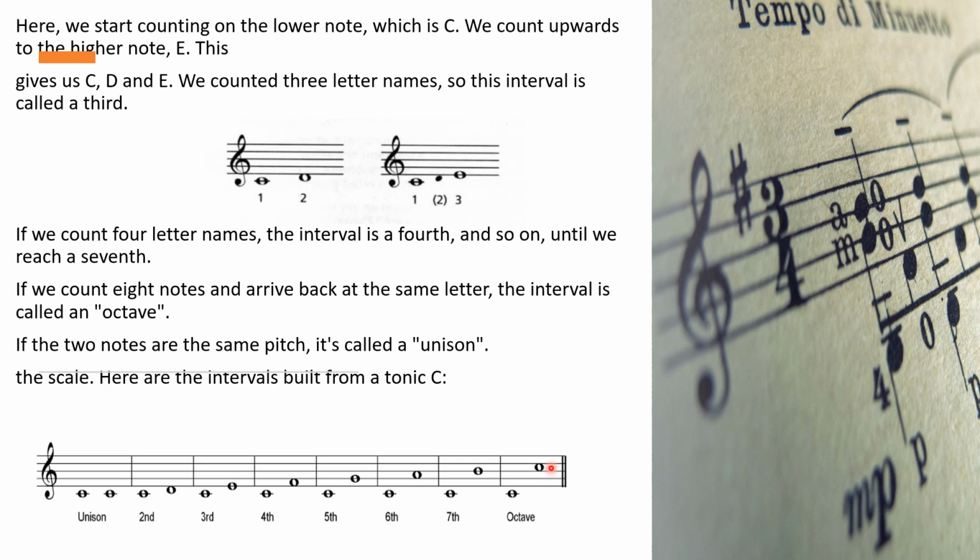So this becomes an octave. This note is a repetition of this in a higher pitch in the next octave level. So this is a tonic from the previous part of this lesson. This is the tonic, and this is also another tonic. So it's called an octave, the eighth note in music.